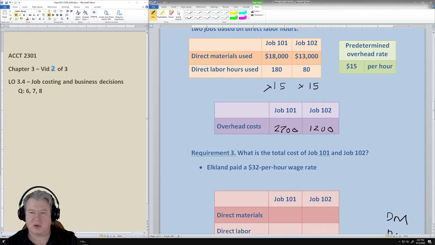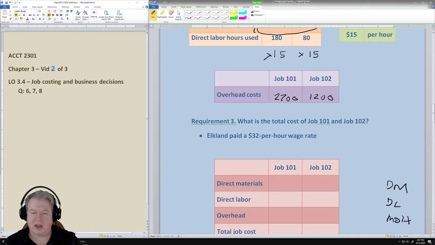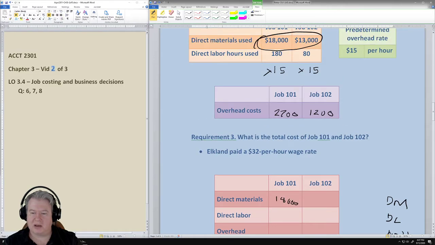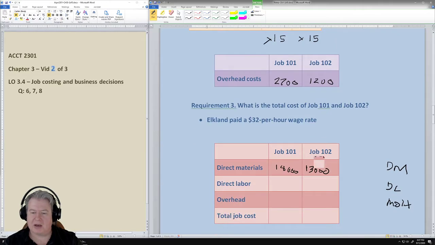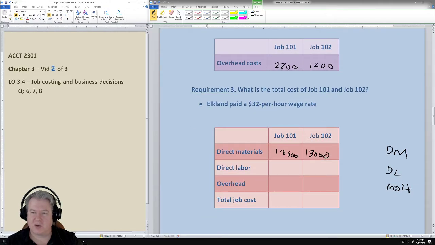That's given to us up here, so we're just going to pull those down directly. Those are given. And we just figured out the manufacturing overhead right here. So we've got those two numbers.